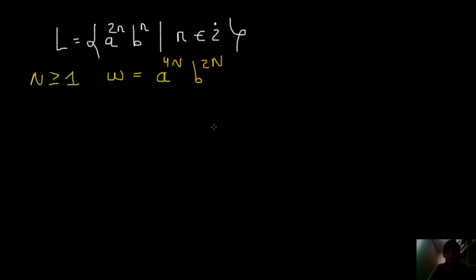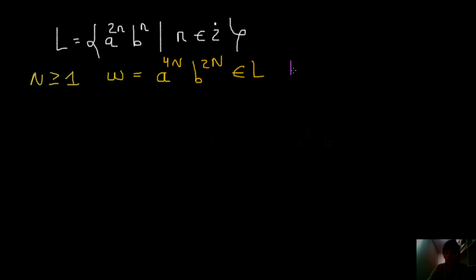As we've explained, this word belongs to the language L because we have 2 times the number of a's as the number of b's. We have more a's than b's, precisely 2 times the number of b's.